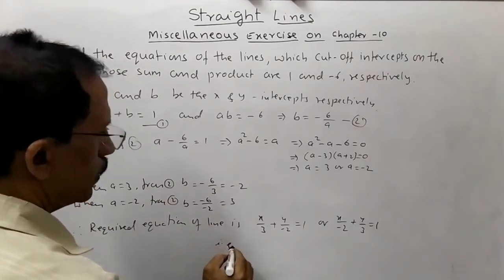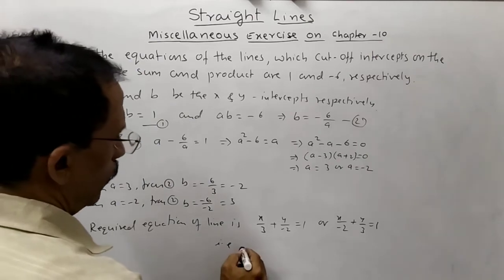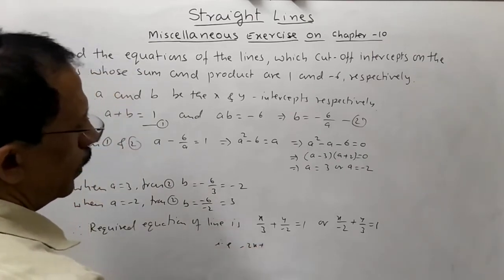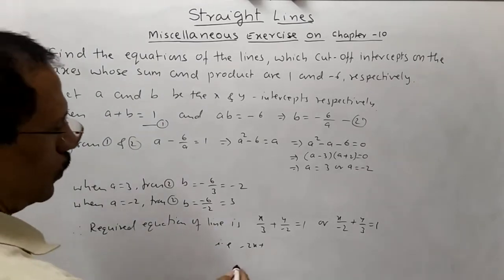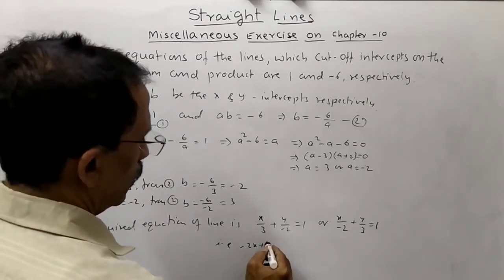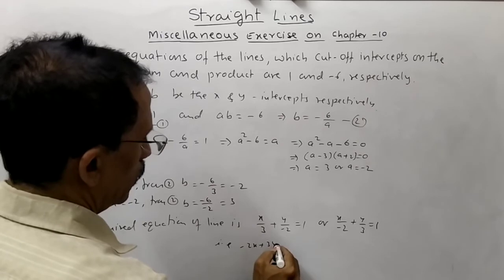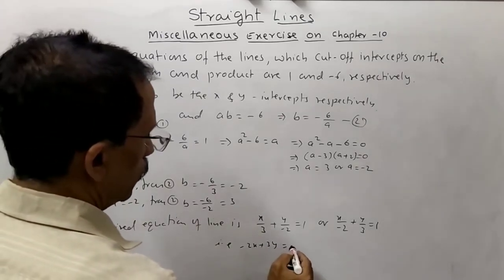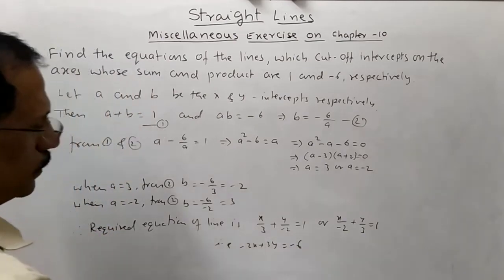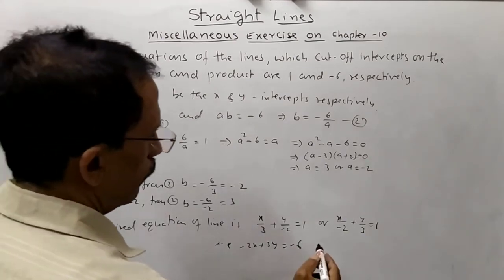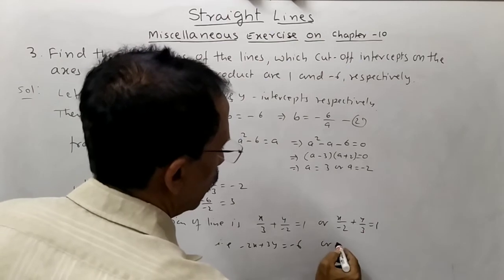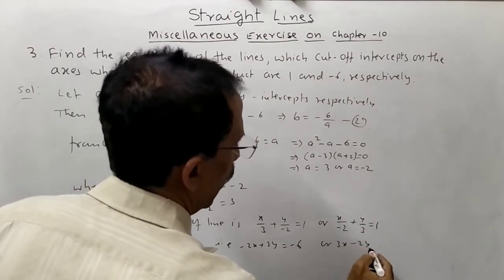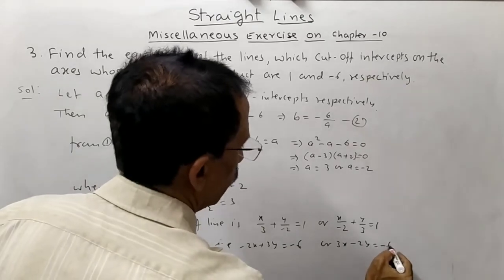That is, minus 2x plus 3y is equal to minus 6, or 3x minus 2y is equal to minus 6.